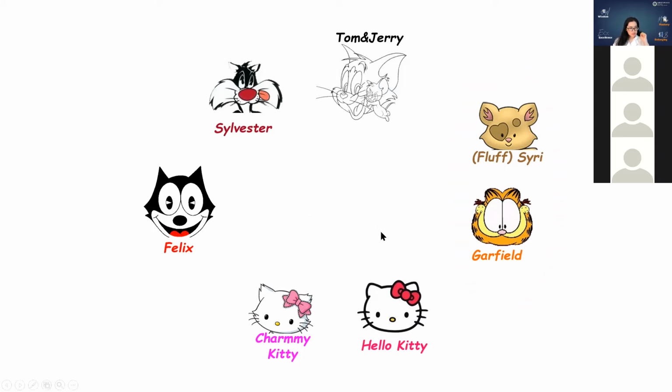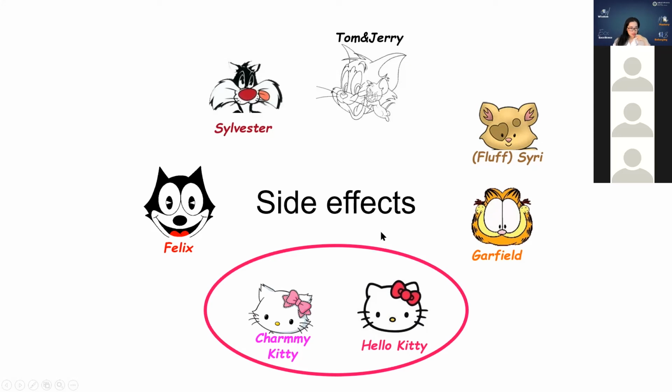Shiny Kitty and Hello Kitty are an example of side effects because they both come from Sanrio, have the same creator, and look very similar. It's hard to find a perfect mask that binds to Hello Kitty but doesn't bind to Shiny Kitty, for example, and that causes side effects. The drug binds to one target and also recognizes and binds another target, and the system all screws up because it binds to so many things.